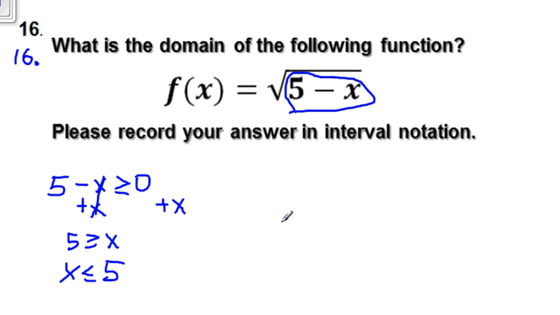For notation, less than or equal to is a bracket facing leftward, so it's going to be 5, and since it's less than, it goes all the way to negative infinity. So a totally correct answer in interval notation would be: parentheses on the left, negative infinity, comma, 5, inward facing bracket on the right. And I took credit off for partial misses on that.